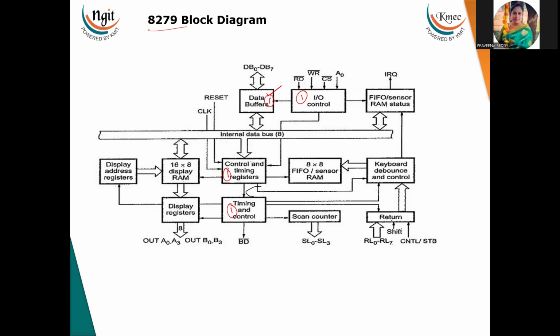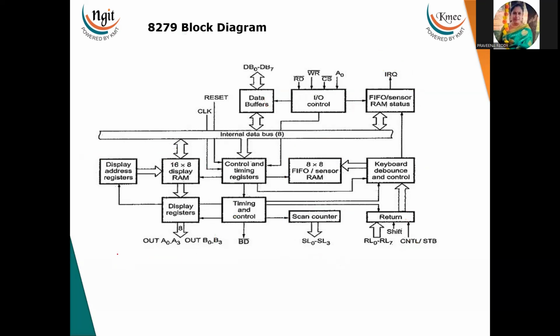Then the return buffer, keyboard debounce, 8x8 FIFO or sensor RAM, and FIFO sensor RAM status come under the keyboard section. Then you can see the scan lines in the scan section, and the remaining 3 are the display section. Again we will study each and every block.